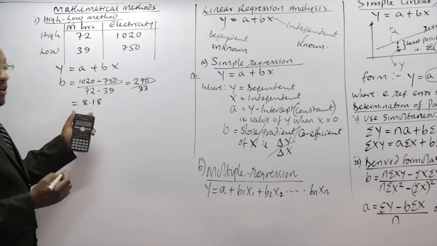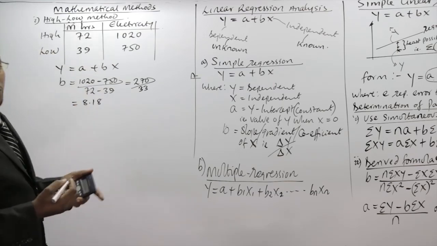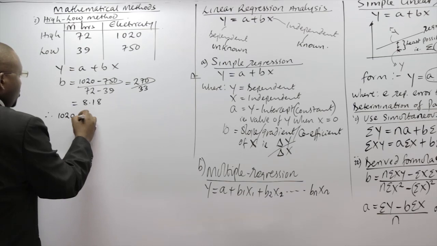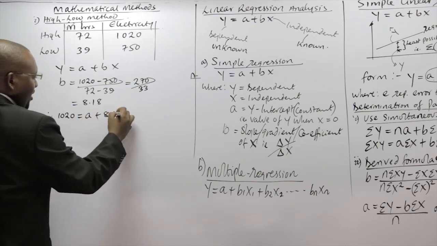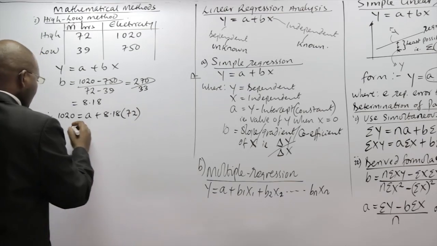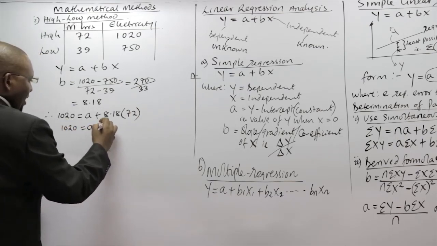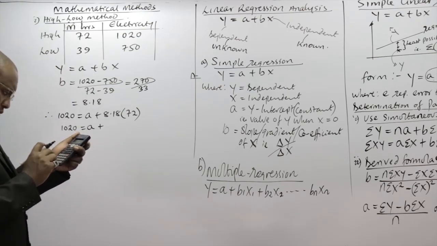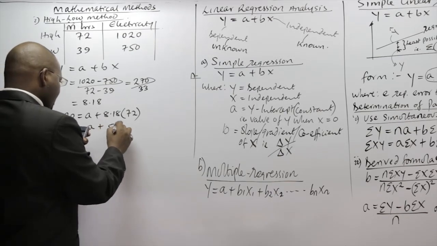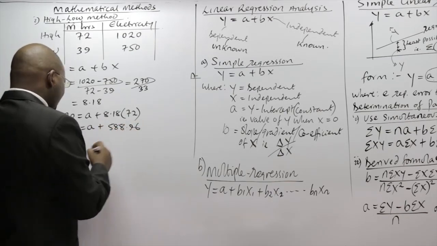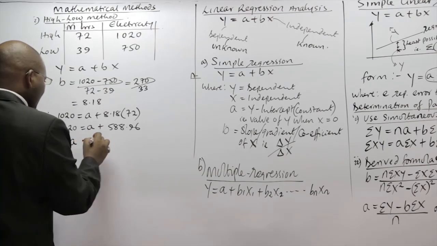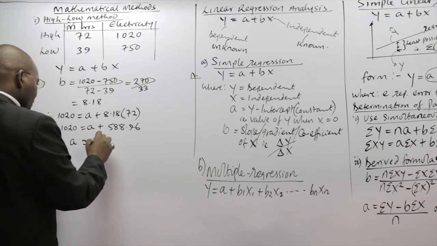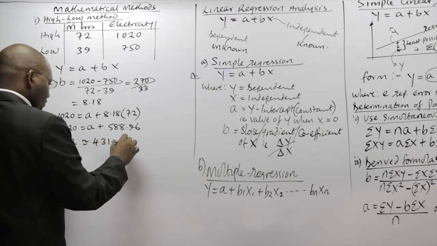Then you substitute this the way we did using one of the pairs. We can take the high pair. We say that therefore 1020 equals A plus 8.18 in bracket 72 hours. So 1020 equals A plus 8.18 times 72, which gives us 588.96. You subtract this from 1020, and this gives us 431.04.